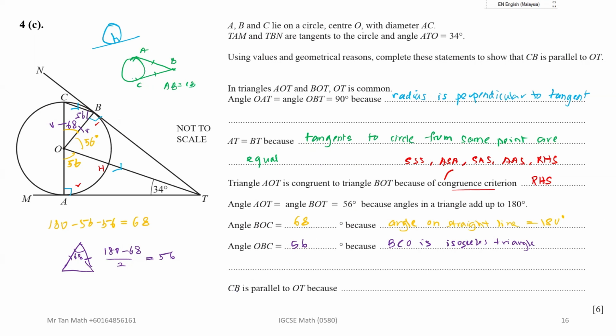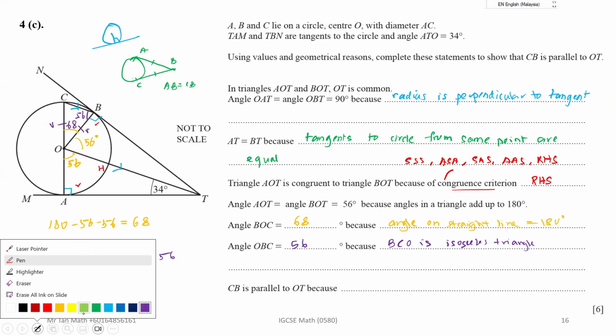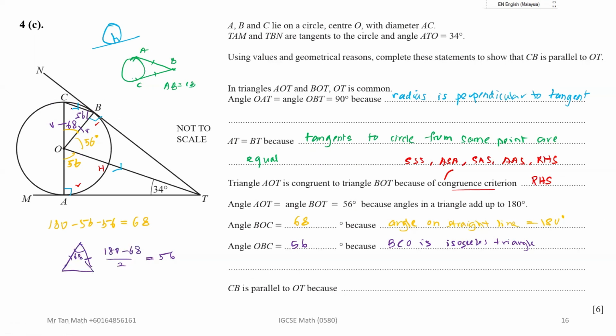Next, CB is parallel to OT because you have the same angle. This will be 56.